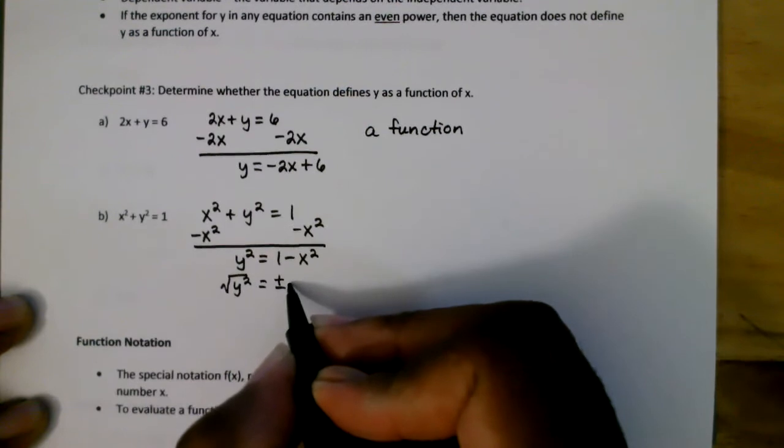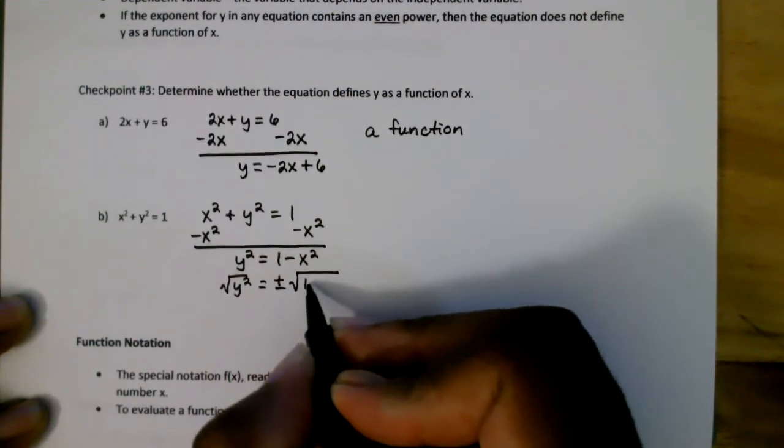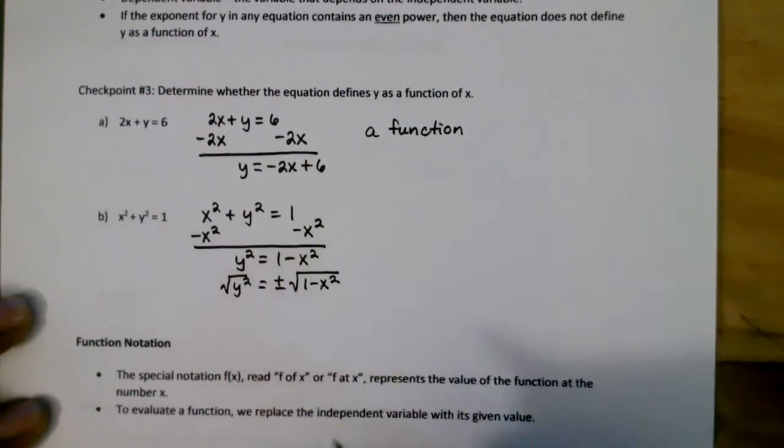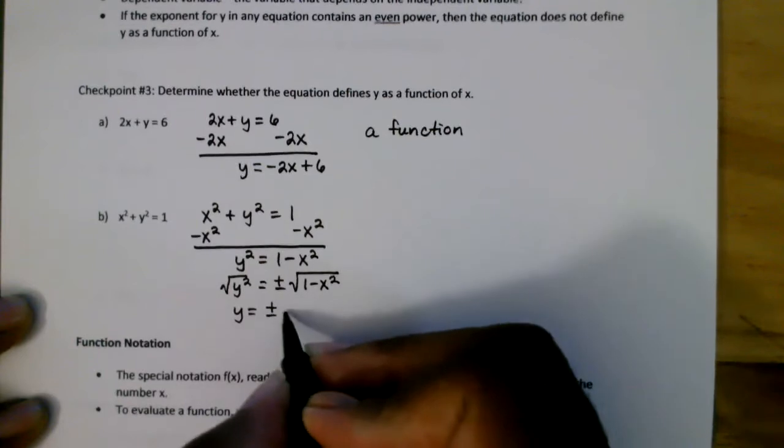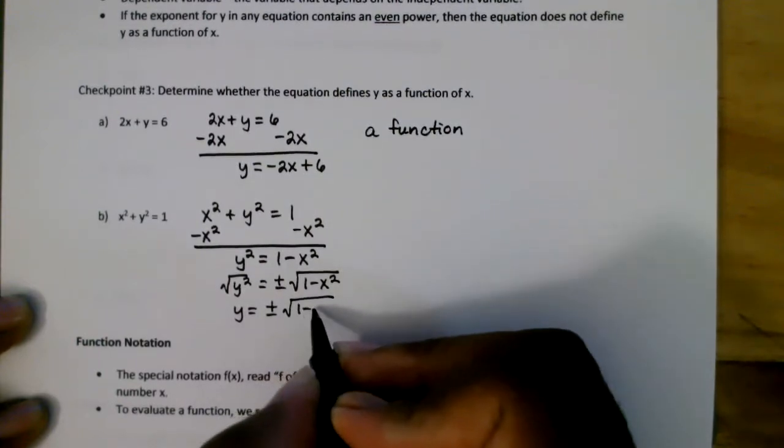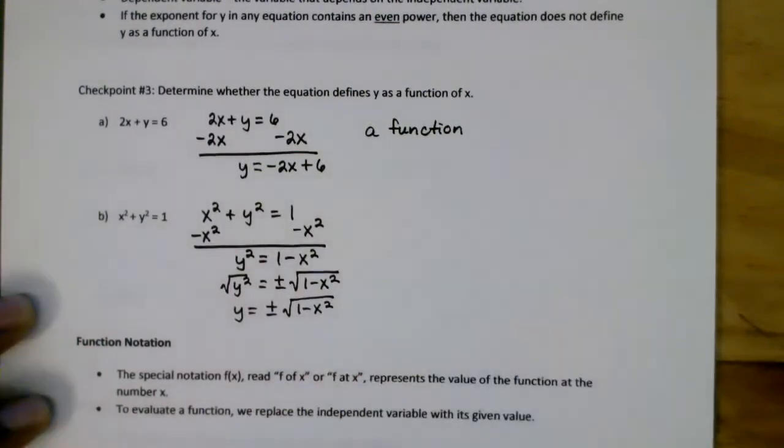And when I do that, notice I had to include the plus or minus symbol. So that means y is equal to plus or minus the square root of 1 minus x squared. So that means for any x value, I'm going to have two different y values. One will be positive and the other one will be negative.